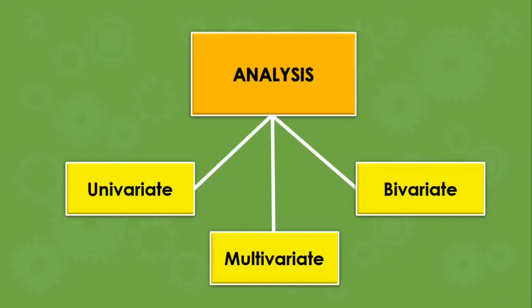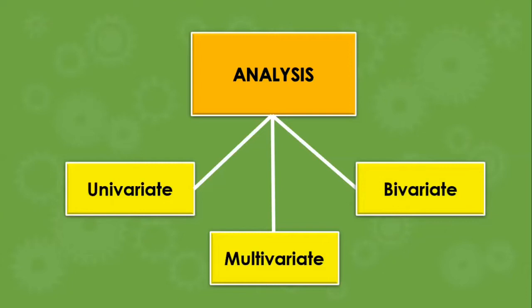On the other hand, bivariate analysis means your data is composed of two variables. And because it has two variables, it involves relationships between the two variables. And lastly, multivariate analysis is a set of techniques used for analysis of data sets that contain more than one variable.